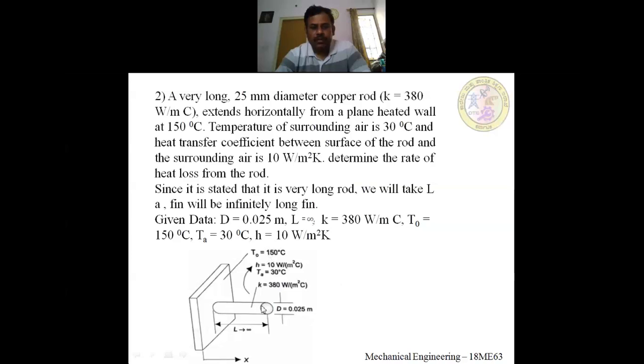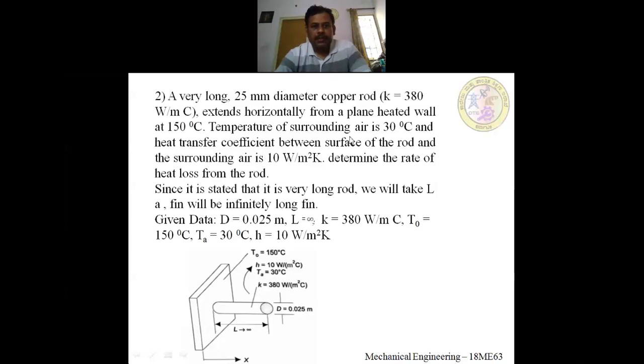From this wall one rod is there having diameter 25 mm, in meters 0.025 meters. They have also given thermal conductivity as 380 watts per meter Celsius. Here by mistake they have written meter square. This is actually watt per meter Celsius or watt per meter Kelvin.